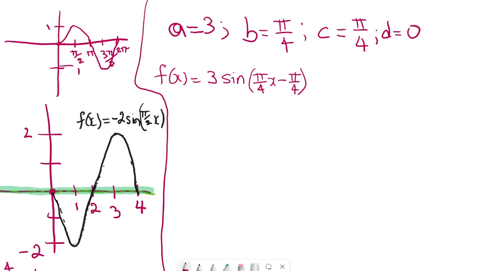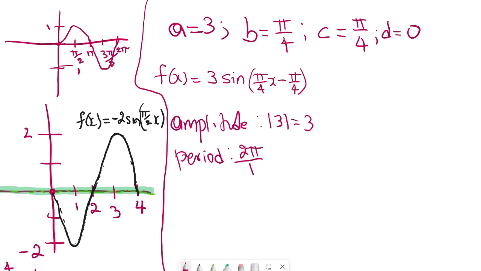Alrighty, so our amplitude is going to be what? The absolute value of 3, or just 3. Our period, what's that going to be? That's going to be 2 pi over whatever B is.